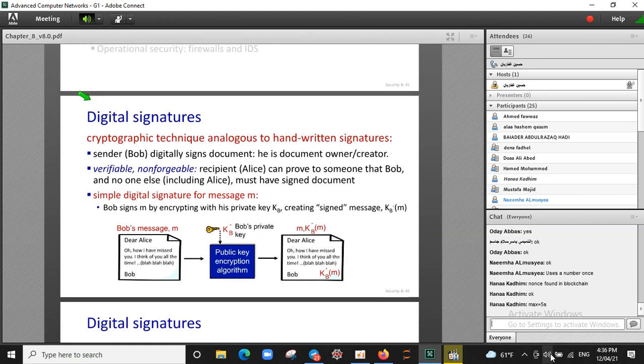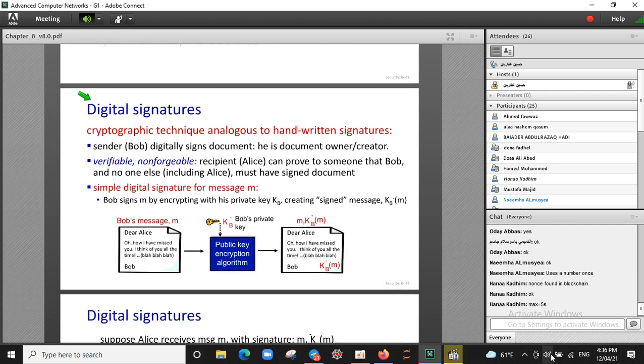Let me talk about something interesting: digital signature. In today's internet, mostly we are looking for a strategy to check the identity of the other side. For example, there is a remote web server over the internet, and I received a message from that remote server.